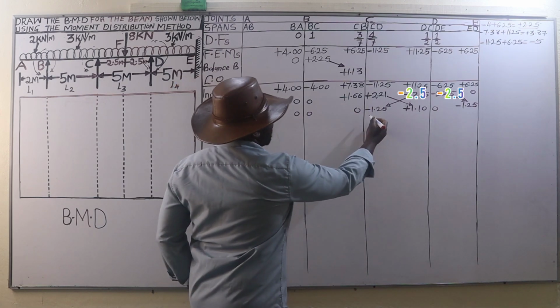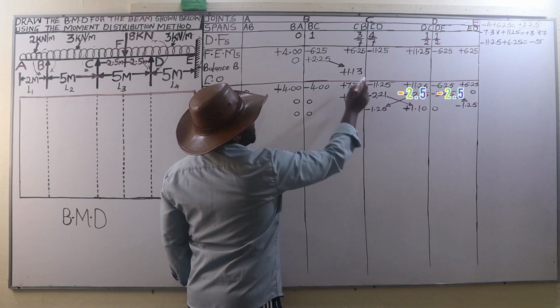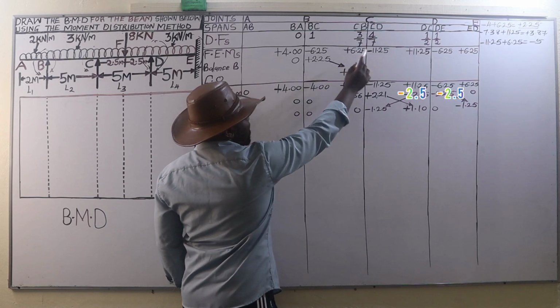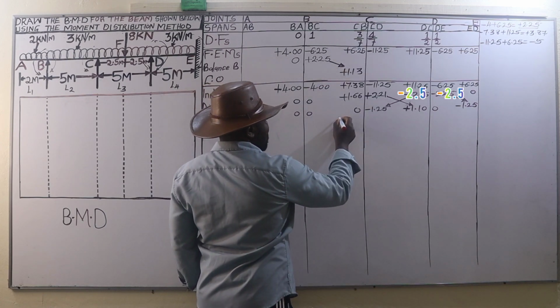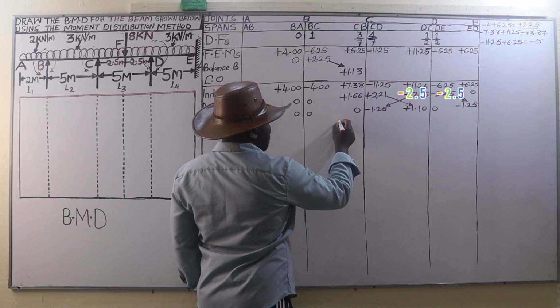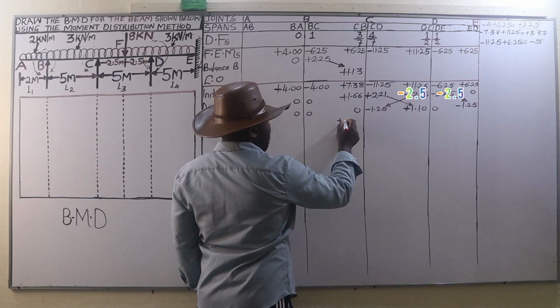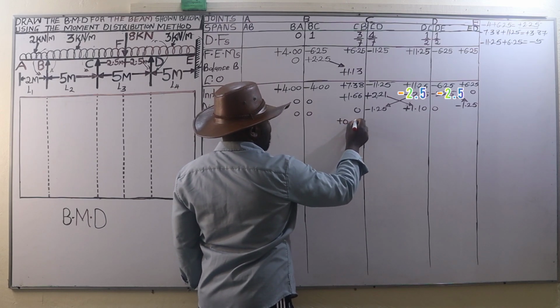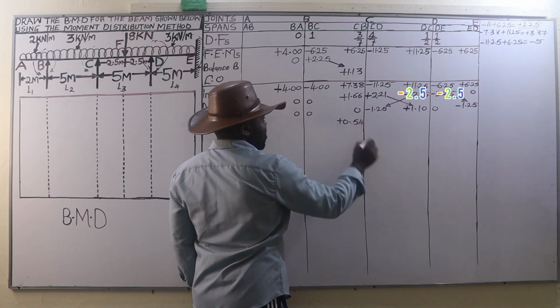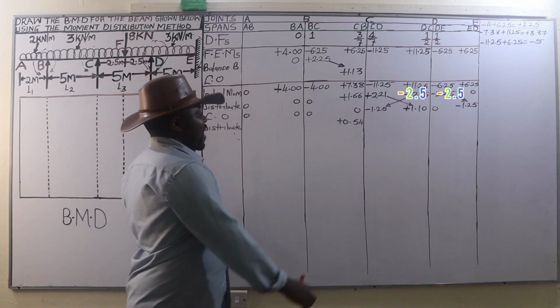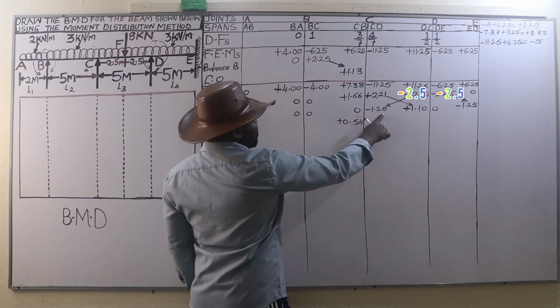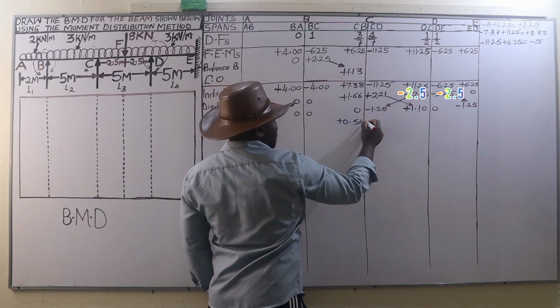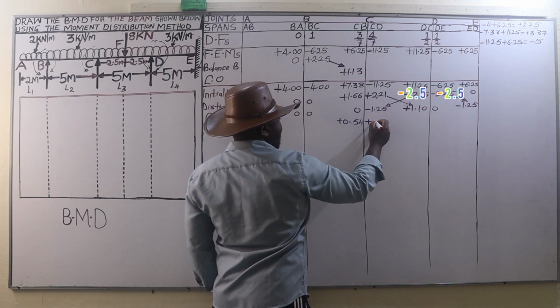So at this point, we are going to have 1.25 times 3 over 7, which is going to be positive 0.54. Positive 0.54.